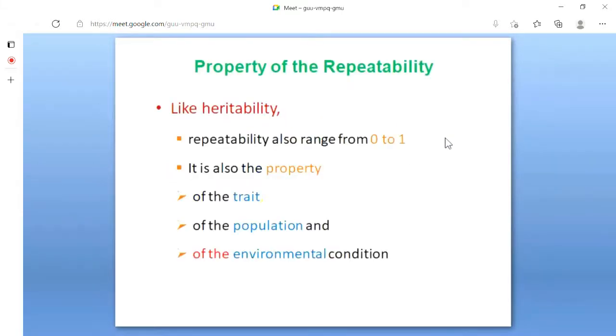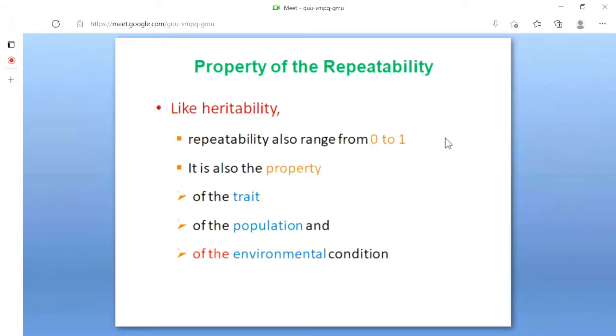Some properties of repeatability: the value of repeatability also ranges from 0 to 1, like heritability. It is also the property of the trait. From trait to trait, character to character, there will be differences, like heritability.